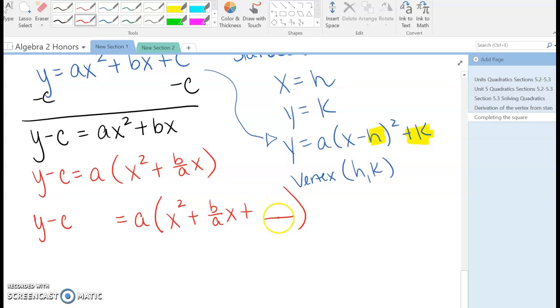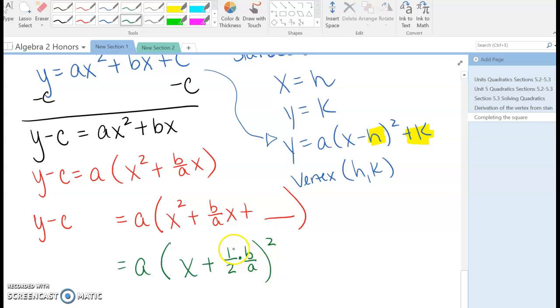And we have to figure out what we're going to actually add there. What we're going to add there is going to end up being half of b over a, squared, so that when I get this in its factored form, it's going to be x plus half of b over a, squared.